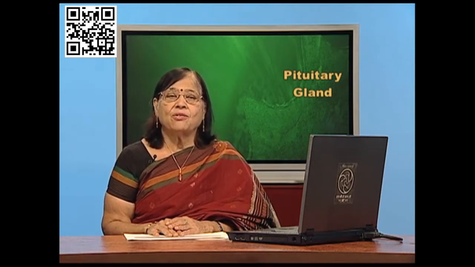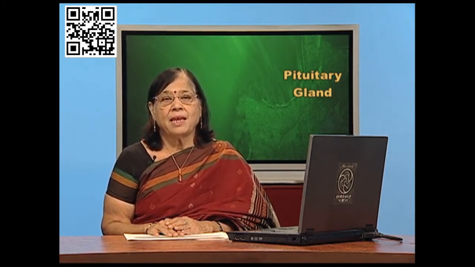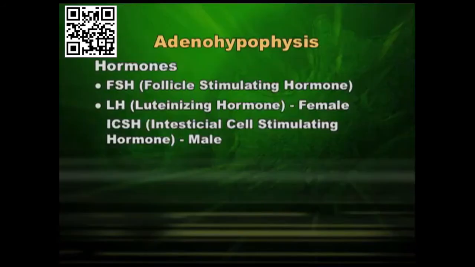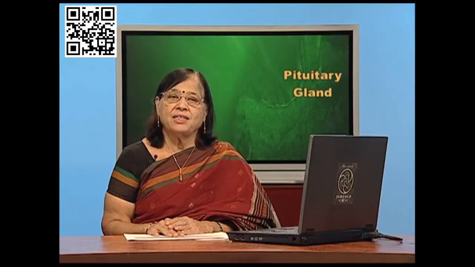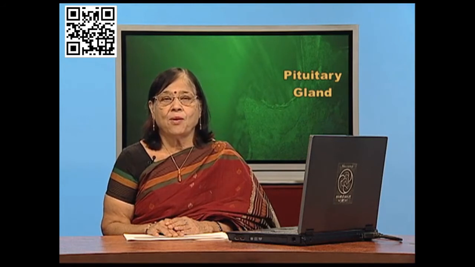So it is not reasonable to call it LH or luteinizing hormone in case of men. So in men the same hormone is called ICSH, interstitial cell stimulating hormone, because in men it is acting on interstitial cells, which in turn will produce the male hormone.